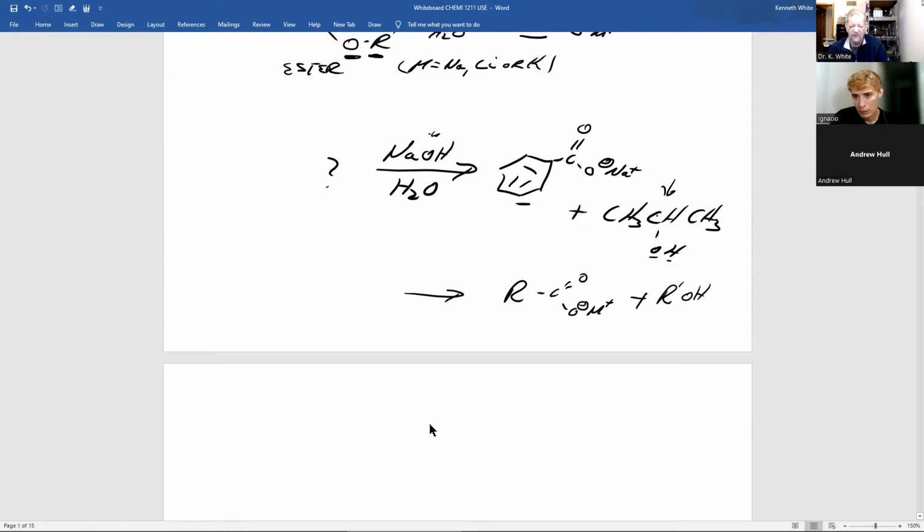And what do you react in here? Sodium hydroxide is a base, MOH, water. Remember, M can be sodium, which in this case it is, lithium, or potassium. And what do you start with?